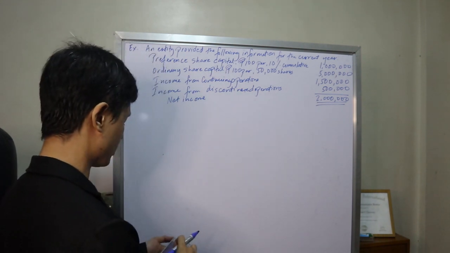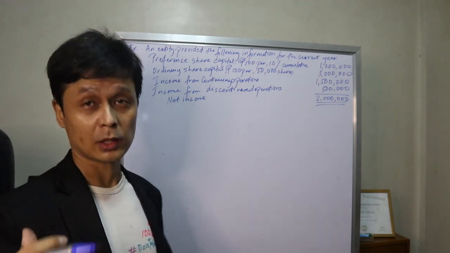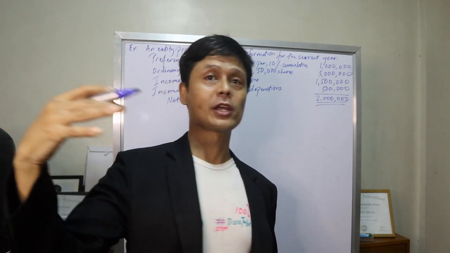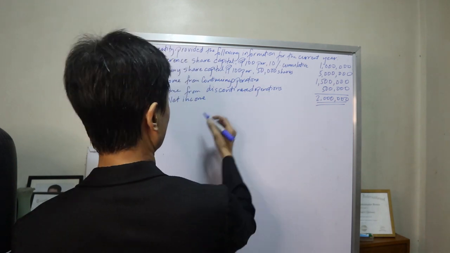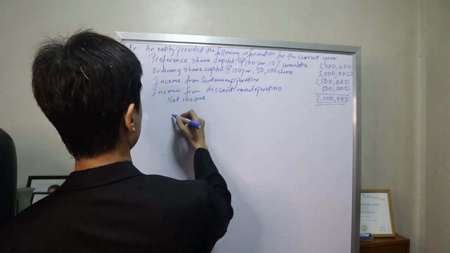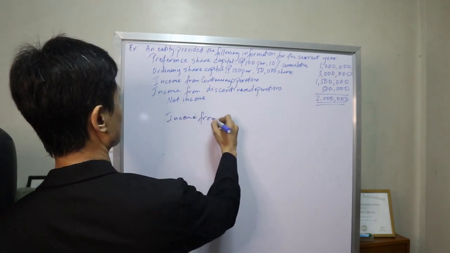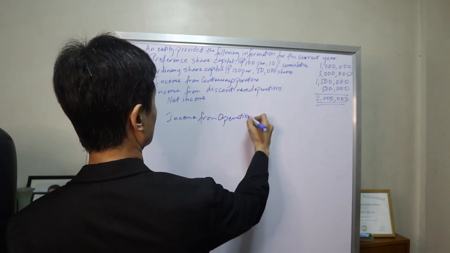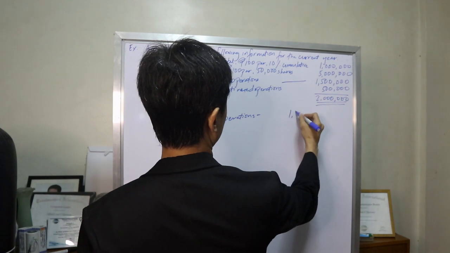So we're going to need a calculator here. Ang first step diyan is kukunin muna natin yung pinaka numerator niya, yung net income. So here's how to get it. Okay, yung income from operations, this one, ito yung 1.5 million.